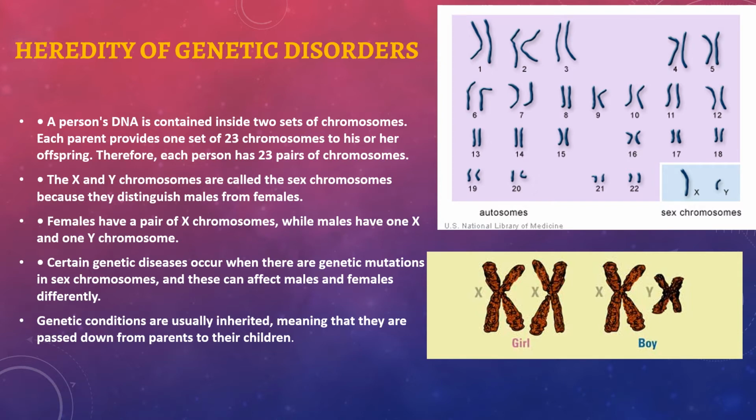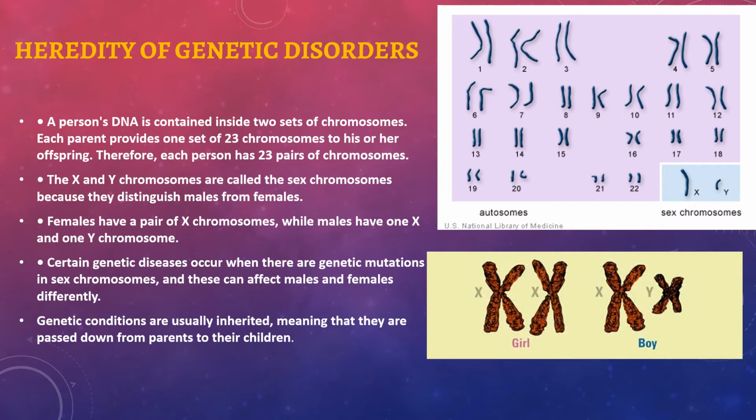If there's any genetic mutation in the X or Y chromosome, then that can cause genetic conditions or defects. Genetic conditions are usually inherited, meaning they are passed down from parents to their children. The majority of genetic conditions are transmitted from parents or grandparents, generation to generation.